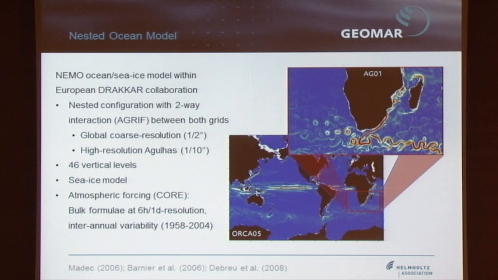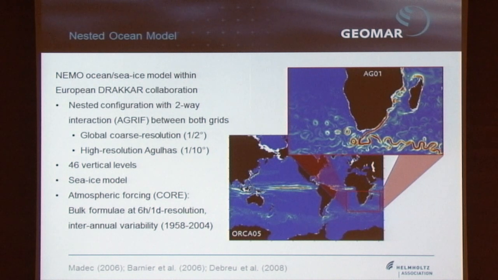That means our regional model, which is quite similar to the ROM system, of course of a different architecture, but not too far away, receives its open boundary conditions at every time step, and is also able to feed back to the global ocean at every time step.